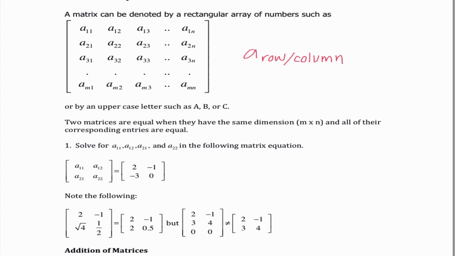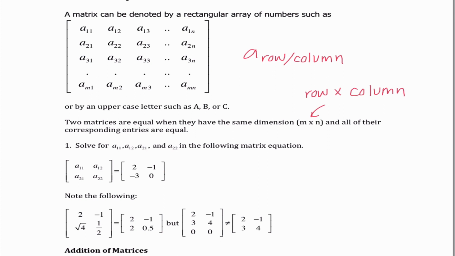Two matrices are equal when they have the same exact dimension and all their corresponding entries are equal. Okay, and just a quick reminder that our dimension, once again, we always go row by column. And that's the same order that we go for when we're looking at the entry.